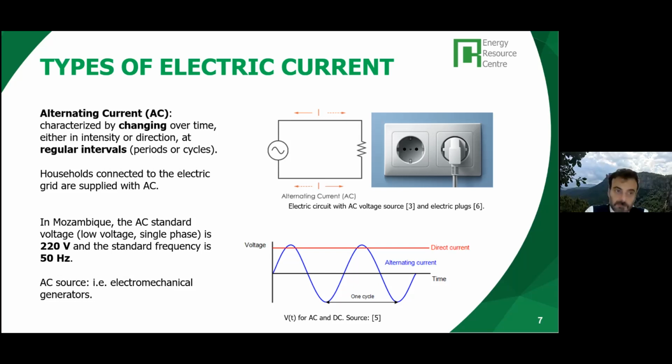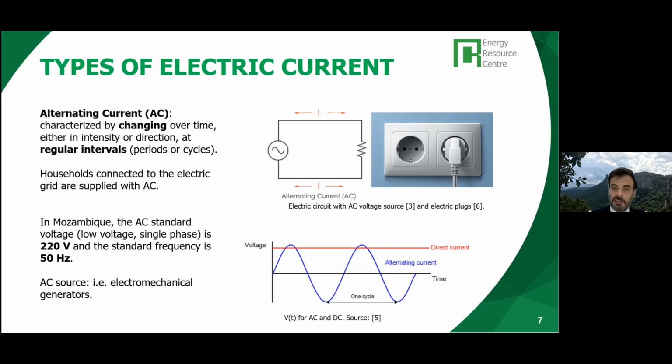In Mozambique, like in most countries in Europe, the AC standard voltage is 220 volts for low voltage single phase, and the standard frequency is 50 hertz. That is, in every second there is this change of direction of the alternating current 50 times. Okay, that is the meaning of a frequency.